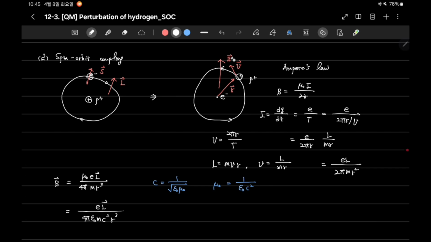So we can naturally imagine an interaction between this magnetic field and the electron spin.